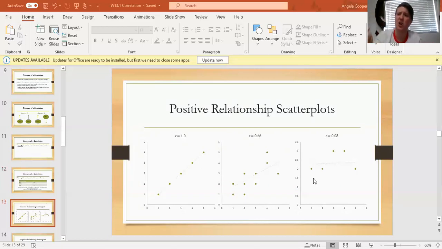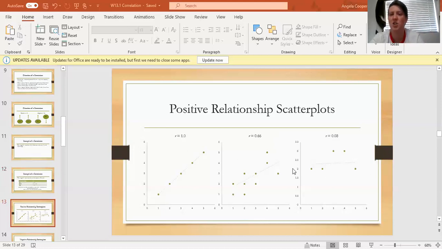It's like if you were to shoot a shotgun at a wall from a far distance. When you shoot a shotgun, it tends to scatter. It just spreads. That's sort of like a weak relationship when you plot it on a scatter plot for Pearson's r. It doesn't really follow a linear pattern, doesn't really huddle close together, like you see for 0.66, and definitely for 1.0, where you see them huddled in a straight line.